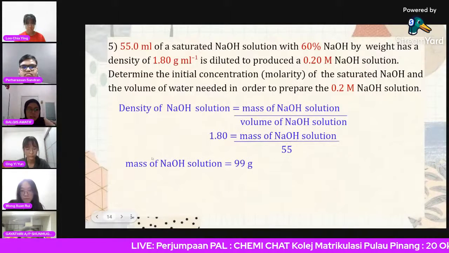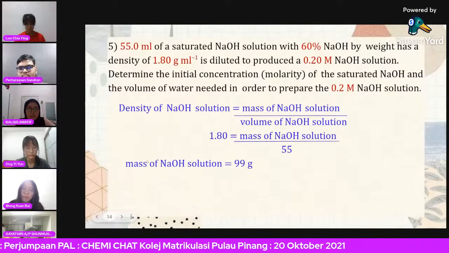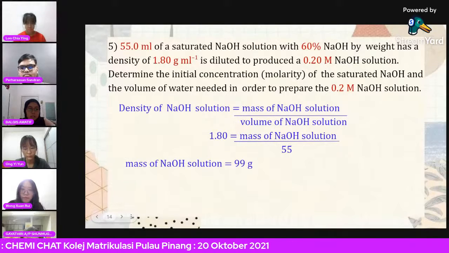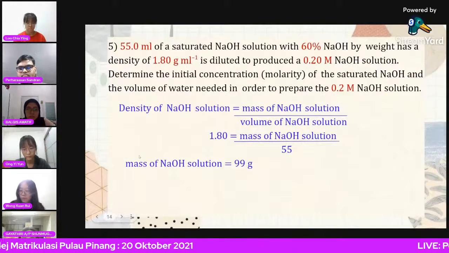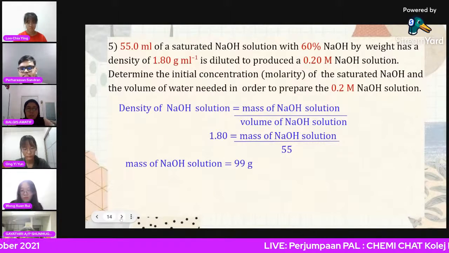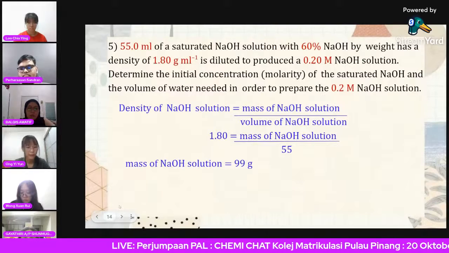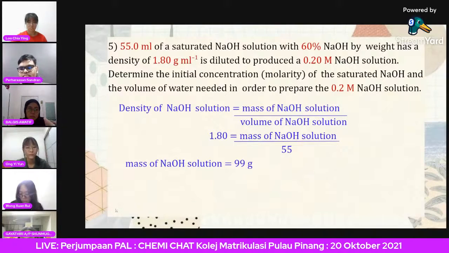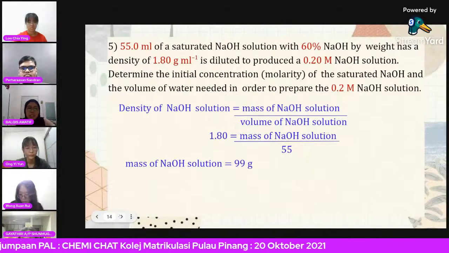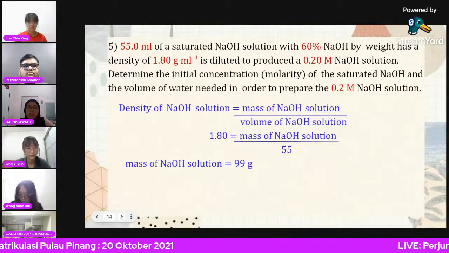Okay, first, we use the formula: density of sodium hydroxide solution equals mass of sodium hydroxide solution per volume of sodium hydroxide solution. Why do we use this formula? Because it is much easier to find the mass of sodium hydroxide solution, since the density and the volume have already been given.